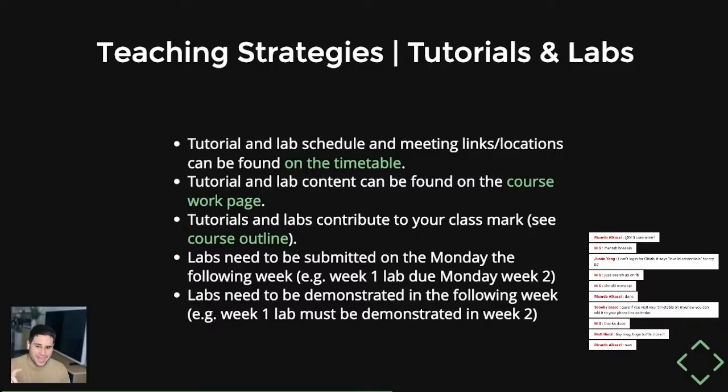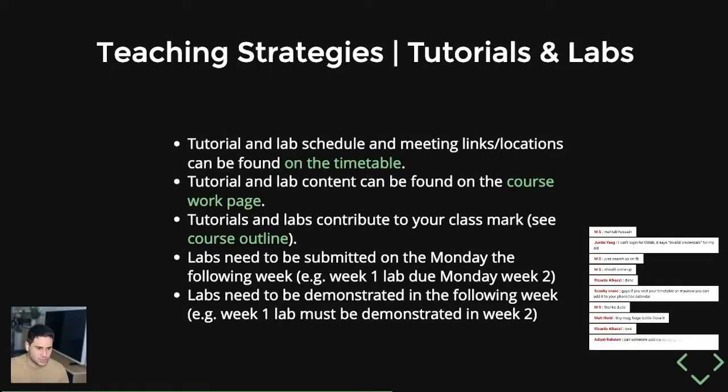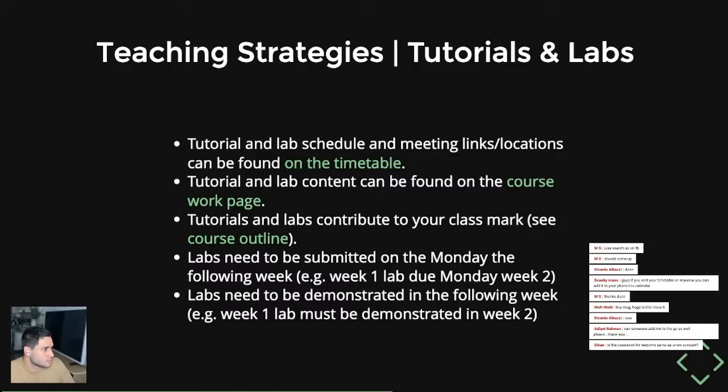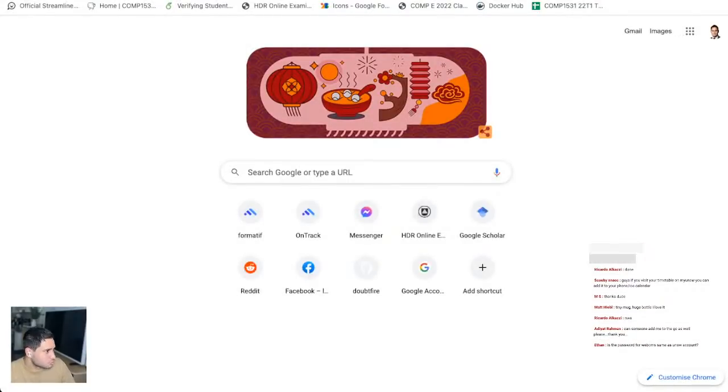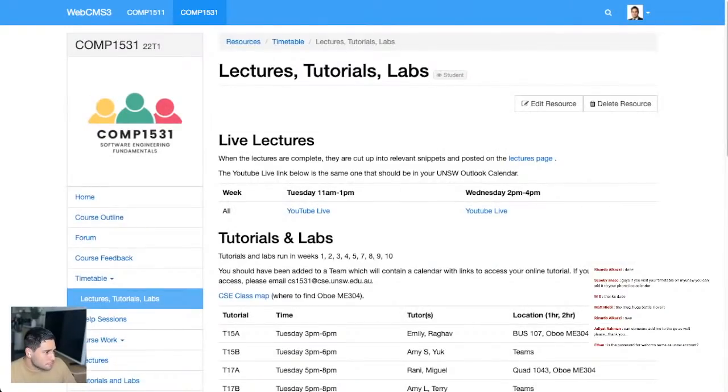You should all be in a team that'll either have a calendar made for your tutorial schedule if you're online. If you're in person, you should just see what the room is so you can access the room and find your way there. Tutorial and lab content. I mean, you know what? I should probably bring these up and show you. Okay, so WebCMS, lectures, tutorials, and labs.